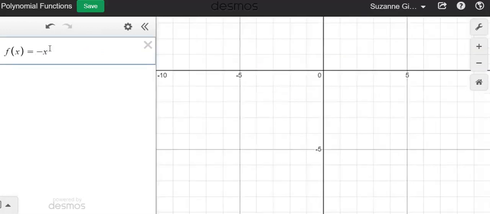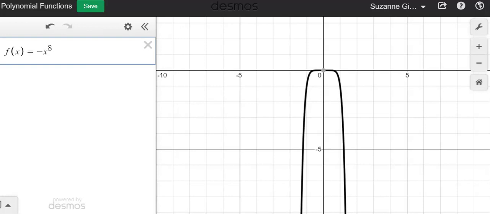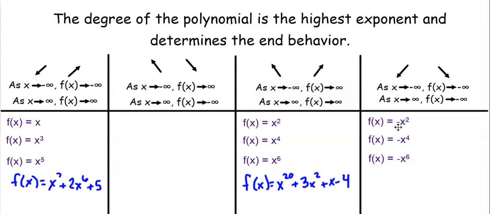And then sure enough, any other even exponent, no matter what I add to it, it's still going to have the same end behavior. So I have my negatives here to make sure I'm reflecting, and then I'll add one other example.